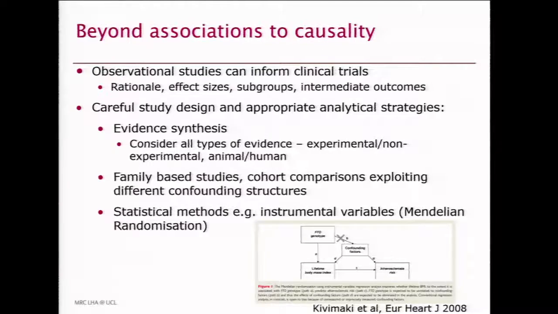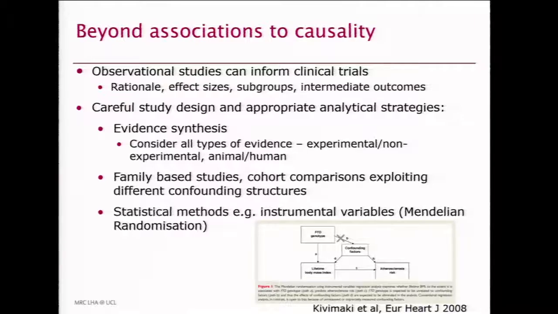And finally, I just wanted to say a little bit about how we can use cohort studies to go beyond associations and to try to get at causality. So of course we can use the statistical methods, and I've used an example of instrumental variables. They're very popular at the moment, Mendelian randomization, which can be used to look at causal associations, but also thinking about study designs and the use of cohorts.